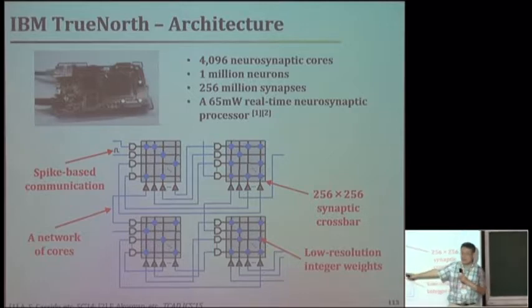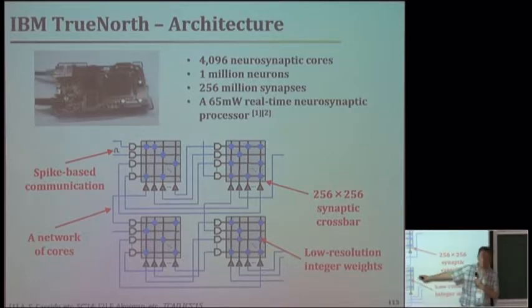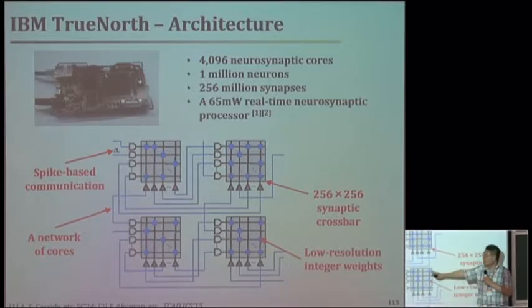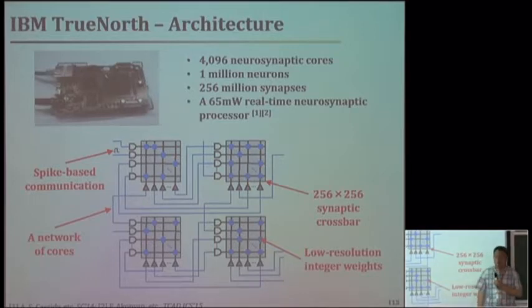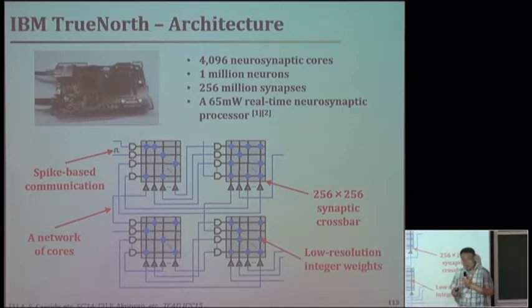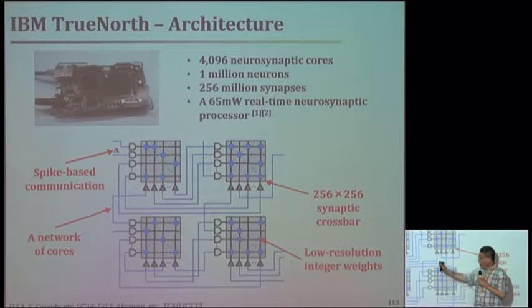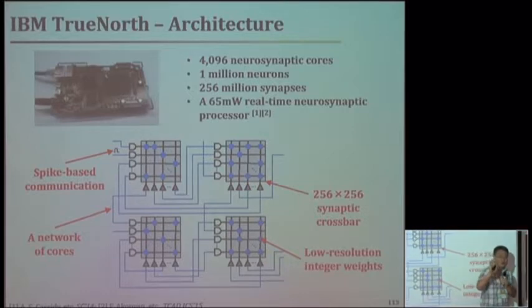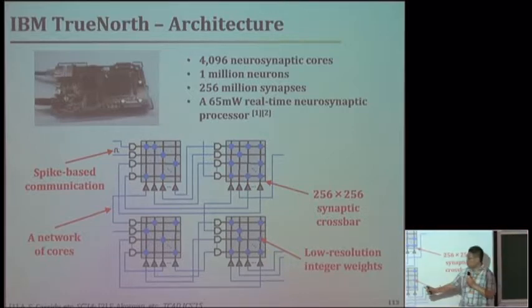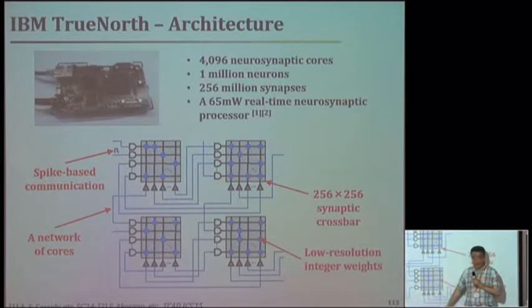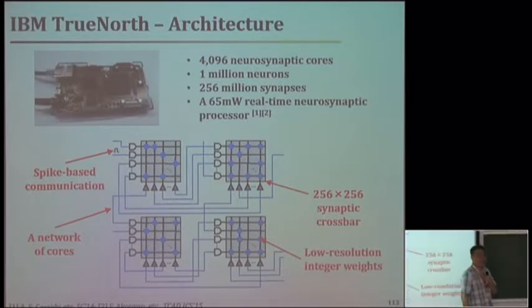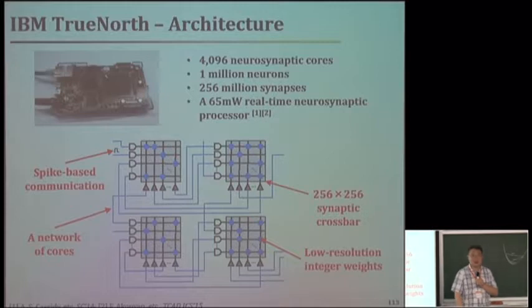It's a low precision. It's not like the floating point weights we usually use in neural networks. And more than that, on each column, you can only choose 3 integers to represent the weight. It's very like the ternary gradients we use: negative 1, 0, and positive 1.